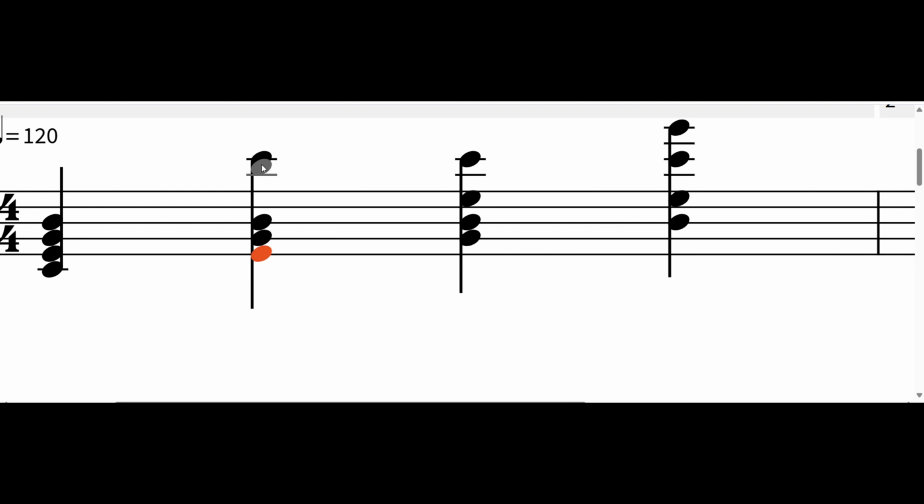You could have the bass note move down and make it better, or move the notes around, but the point is that the root of the chord moves up, so that is chord inversions.